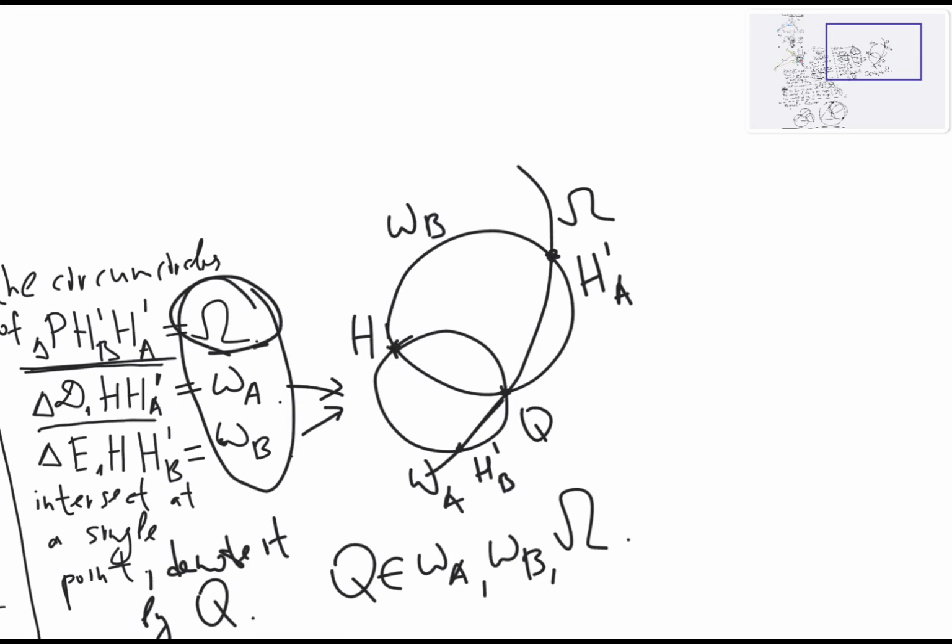So this is basically the picture that we have. So Q is different, because we know that omega A does not pass through HA prime, so Q is also the second point of intersection of capital omega and omega B, and similarly for HB prime. So we know basically all points of intersection of these three circles.